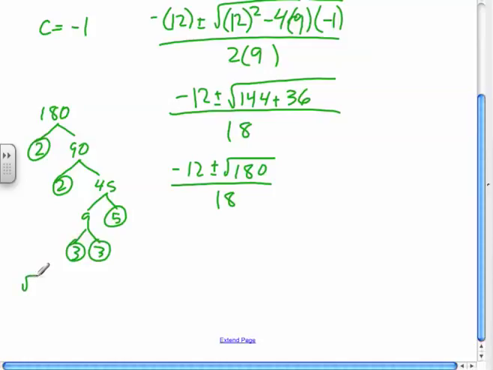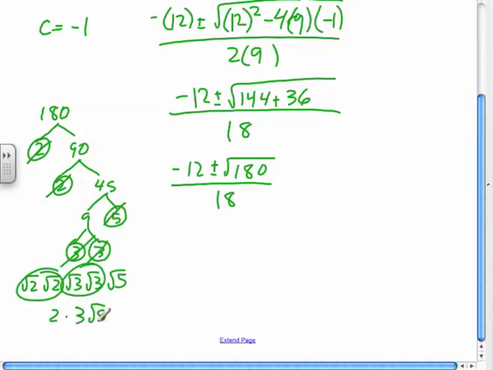And now I've got root 2, root 2, root 3, root 3, root 5, all right? And that's going to give me 2 times 3 times root 5, which is 6 root 5. Okay? So now I've got negative 12 plus or minus 6 root 5 all over 18.